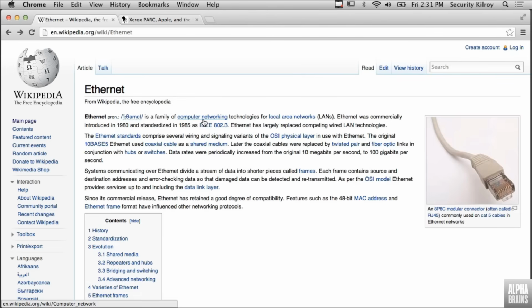Now we call it Ethernet, and it's the most common of the layer 2, layer 1 networking that you're likely to see. As I said early on, it's a family of protocols, and most commonly you'll see it running across these Cat5 cables, or sometimes Cat6 or Cat5e cables, with these connectors on them.